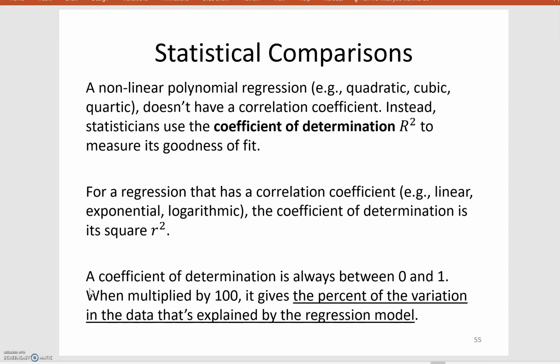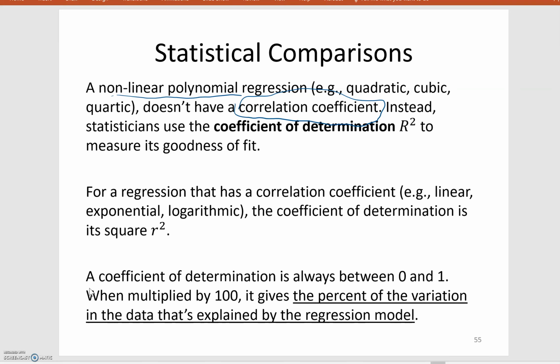A thing that we have to confront in terms of polynomial modeling is we don't have the same sorts of metrics that we had for some of our other models, specifically the correlation coefficient. If we are looking at nonlinear polynomial regression, so that means any kind of regression that's higher than lines, so quadratic, cubic, and quartic, then these actually don't have a correlation coefficient.